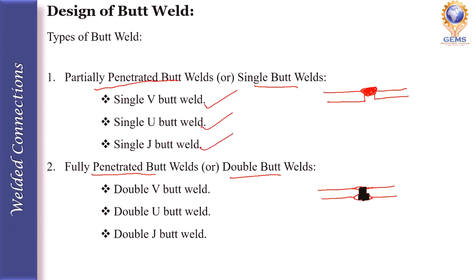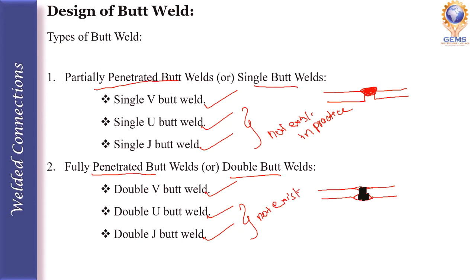In the fully penetrated, double V, double U and double J. These U and J butt welds do not exist in practice, we only use the V butt, whether it is single or double.